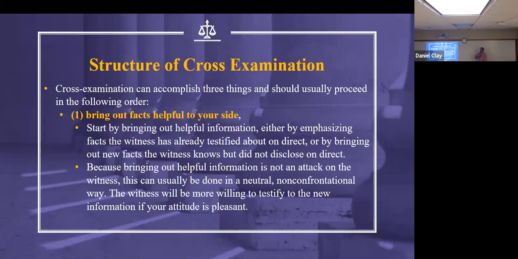So that's kind of how we progress, right? We want facts that are good for our side. So we start by bringing out helpful information, either by, one, emphasizing something the witness has already testified about on direct examination, or by bringing out new facts that the witness knows but didn't disclose.